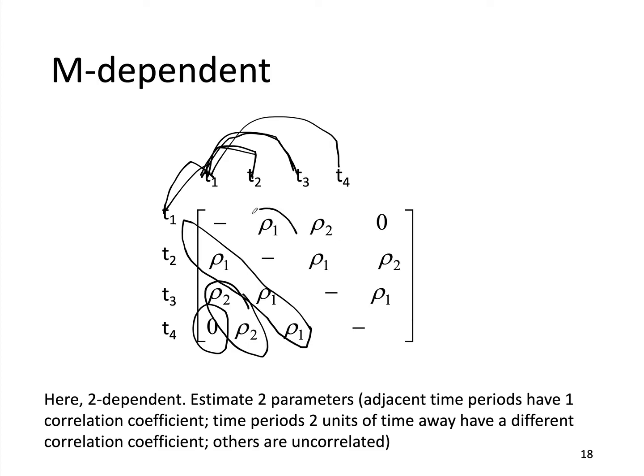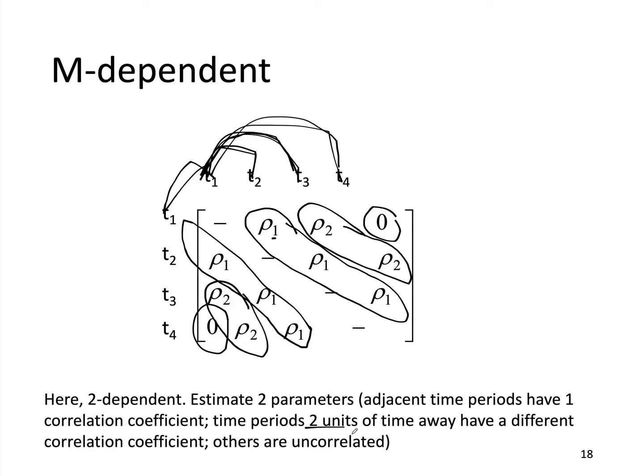And that's conveyed by this rho with a subscript 1 for one correlation. Here's the one function away, so that's 1 to 3, and that has a different correlation. Then by the time you get to this, there's no relationship whatsoever, and that is denoted by 0. So this would say that 2 units away have a different correlation from 1 unit away, and that the others are uncorrelated. And you might have situations where that is true.